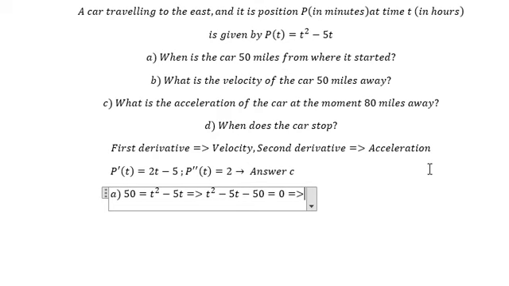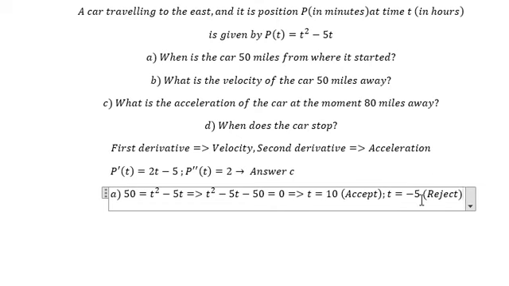So we got t equals 10, which we accept, and we have t equal to minus 5, which we reject, because that is a negative number, and a negative number cannot be allowed for the time in here.